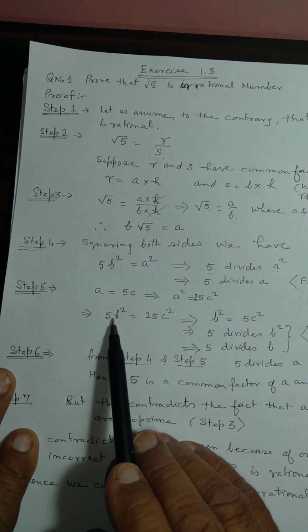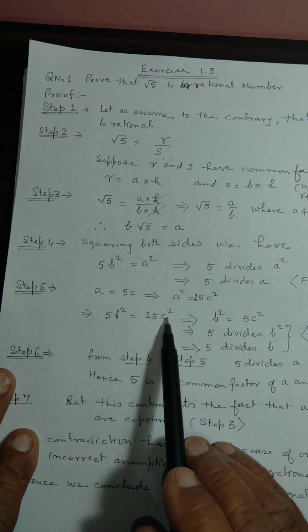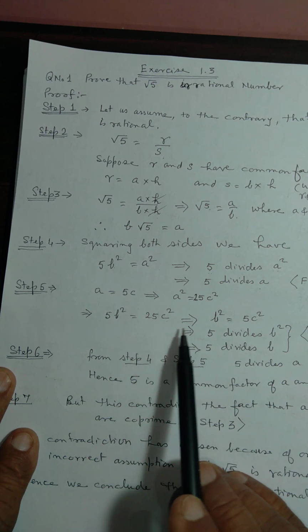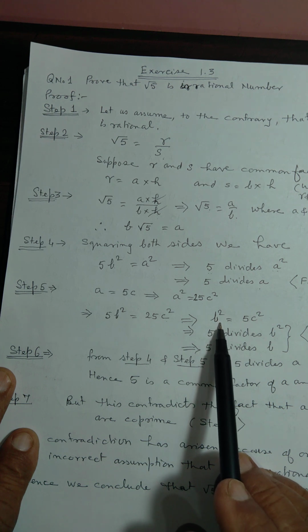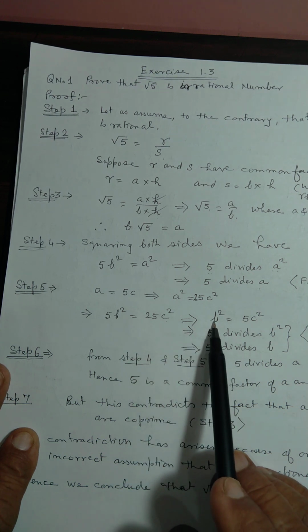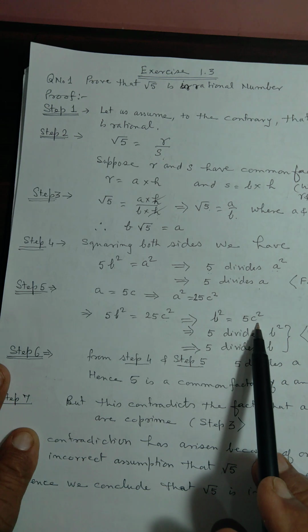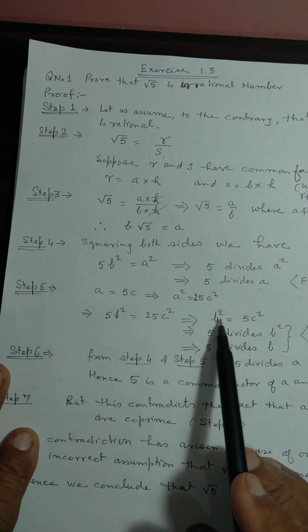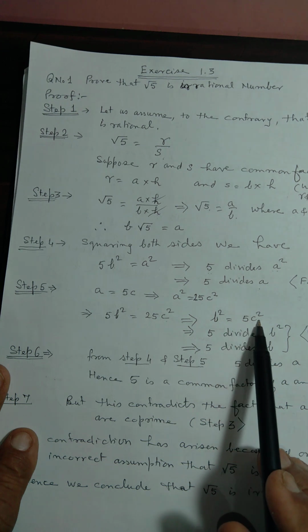So you can write 5b square is equal to 25c square. It means that b square is equal to 5c square. You see, 5 and 25 have been cancelled, and we have got b square equal to 5c square.